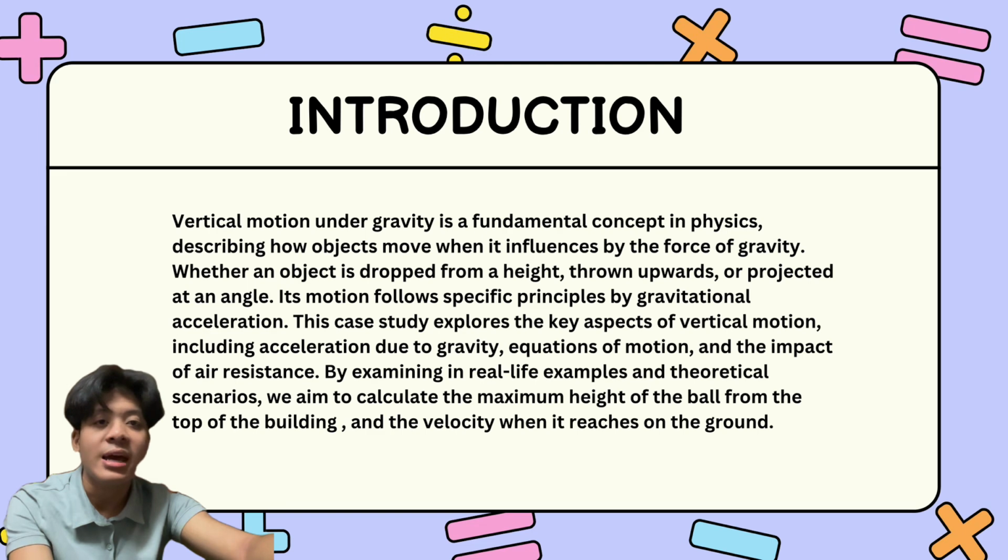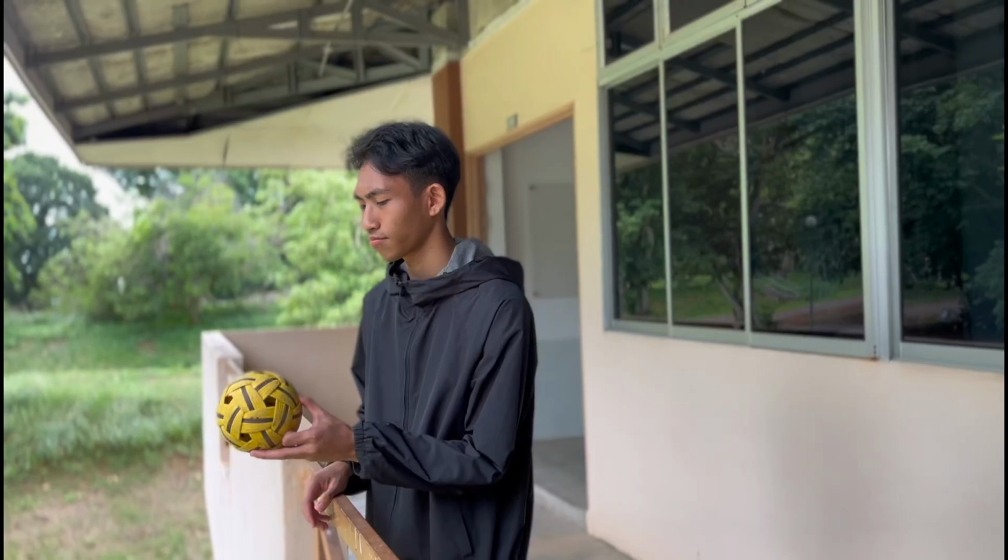The second one is S = 1/2 (U + V)T, to find displacement by average velocity. The third one is S = UT - 1/2 GT², to find the displacement by initial velocity. And the last one is V² = U² - 2GS, to find the velocity squared by the displacement.